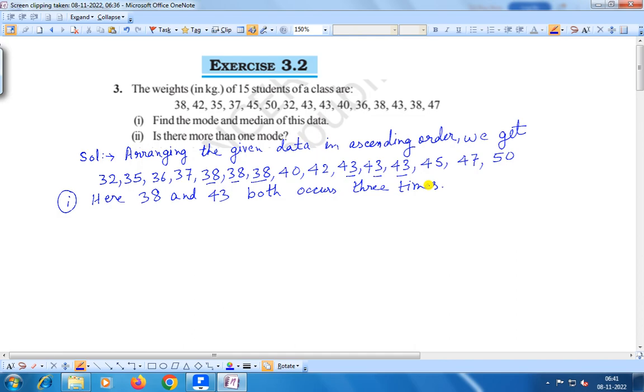Therefore you can say the modes of the given weights are 38 and 43. Therefore here there are two modes.